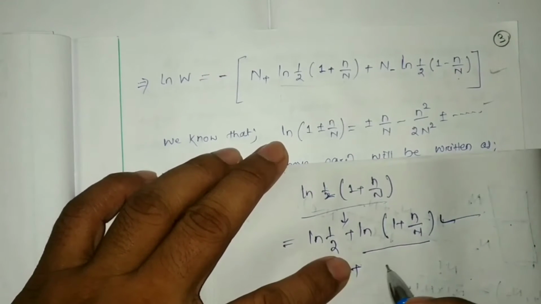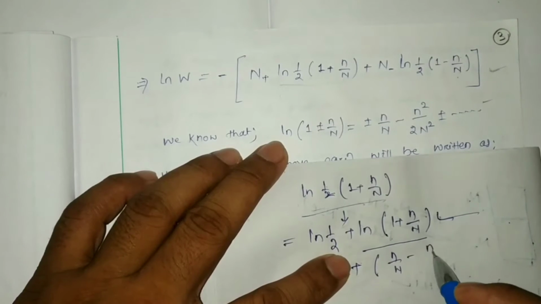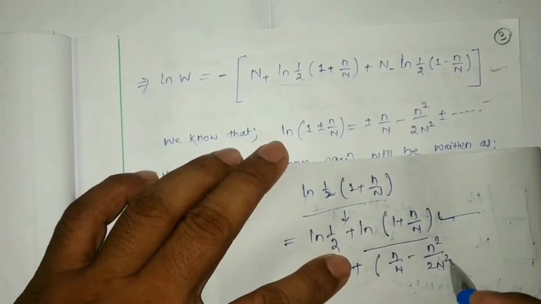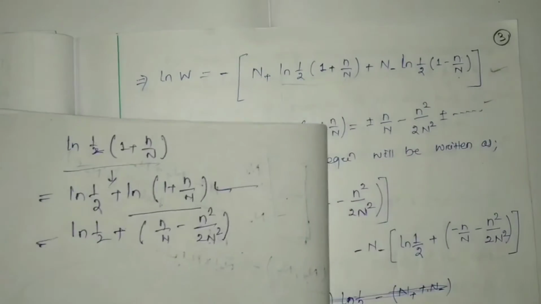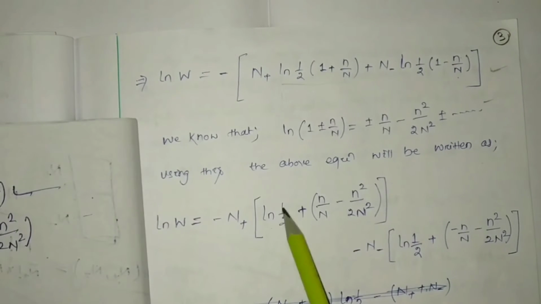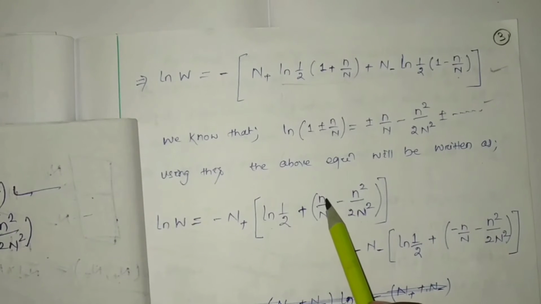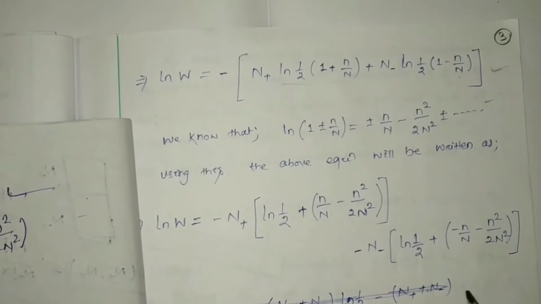It will be plus n by capital N minus n square by 2N square, neglecting the higher order terms. Okay, so the same thing has been written: ln half plus small n by N minus n square by 2N square.